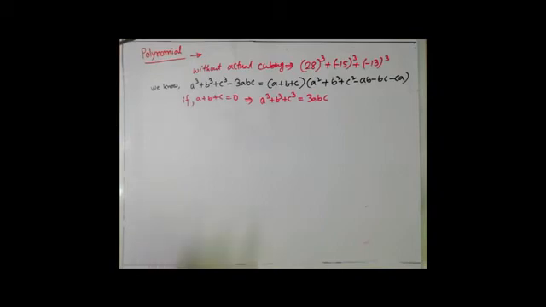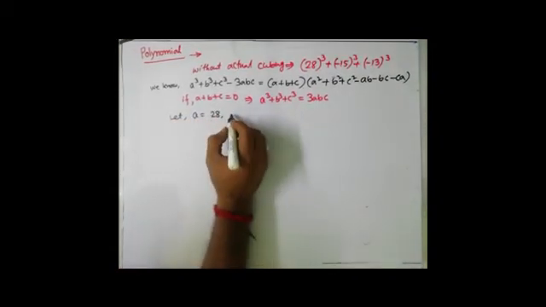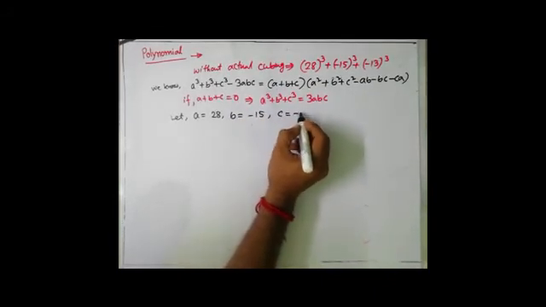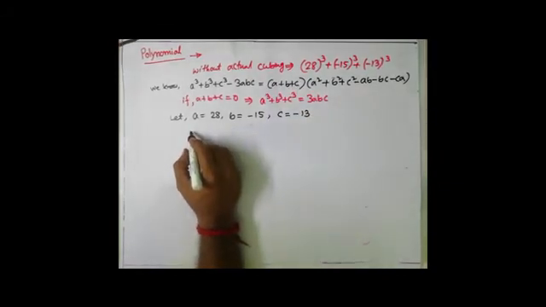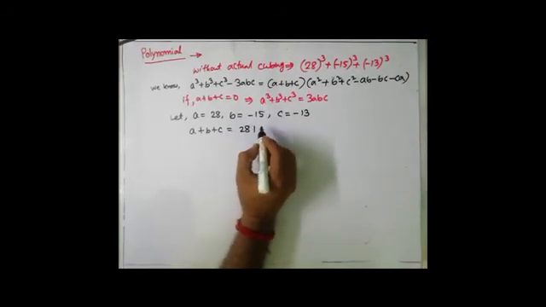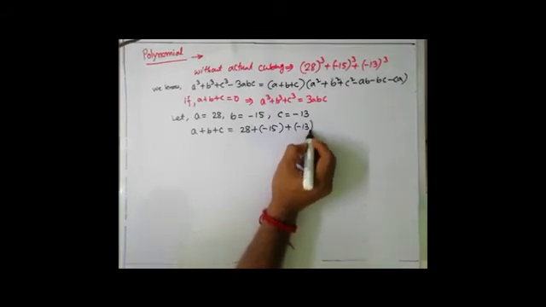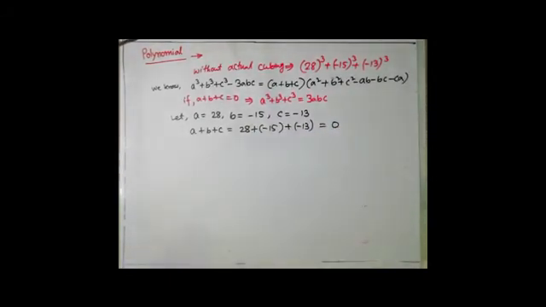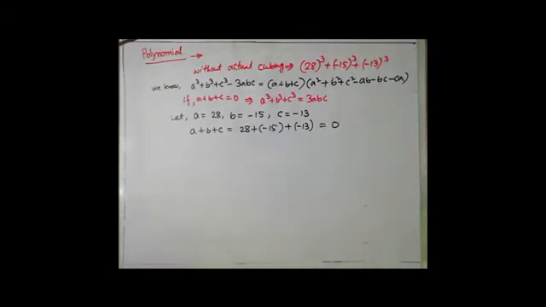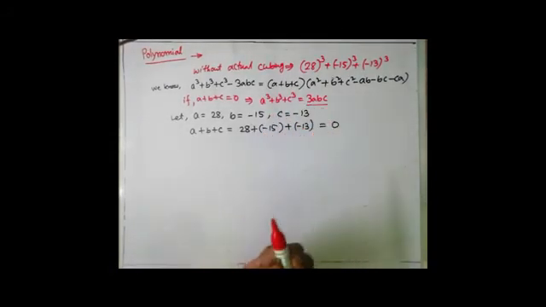Now watch the given problem. Let a be 28, b be minus 15 and c be minus 13. So here we can say that a plus b plus c, that is 28 plus minus 15 plus minus 13, and if you solve it you can see it will be 0. So when a plus b plus c is 0, then a cube plus b cube plus c cube is nothing but 3abc.